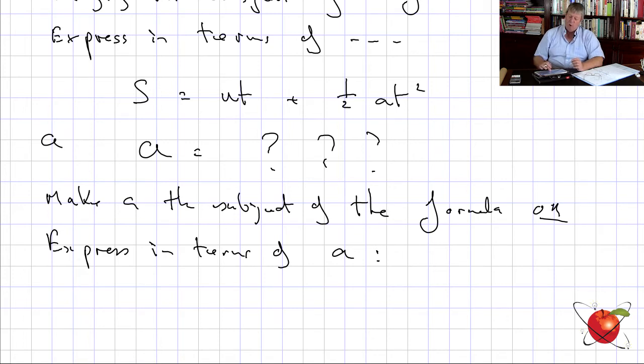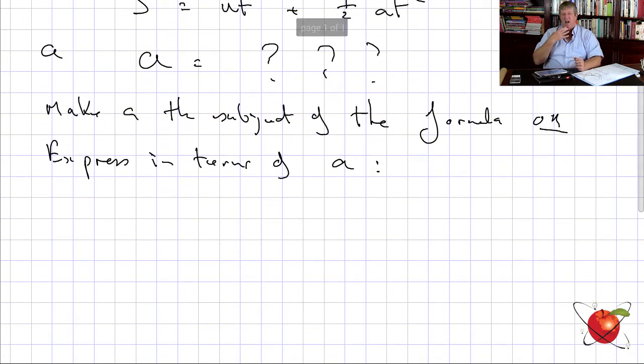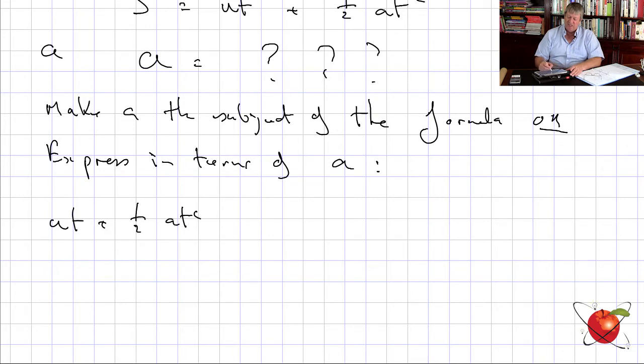Okay. Well, what do we do? Well, the first thing I do is I say, right, a is on the right-hand side. I'm used to looking for it on the left. I want it on the left. So I flip the whole thing around. And I say that ut plus a half at squared is equal to s. Same formula. I've just swung it around the equal sign. Why? What's my logic?